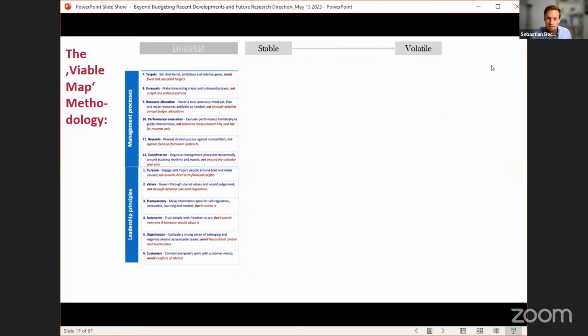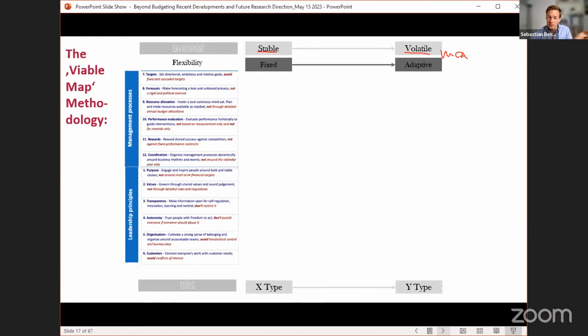And remember the environment, we said it could be stable, or it could be volatile, right? Volatile was the VUCA environment that we said. So the management model you have depends really on what your environment is like. If you have a very volatile environment, you may want a very adaptive management model. If you have a stable environment, then you can have a very fixed and traditional management model, a command and control management model, perhaps.